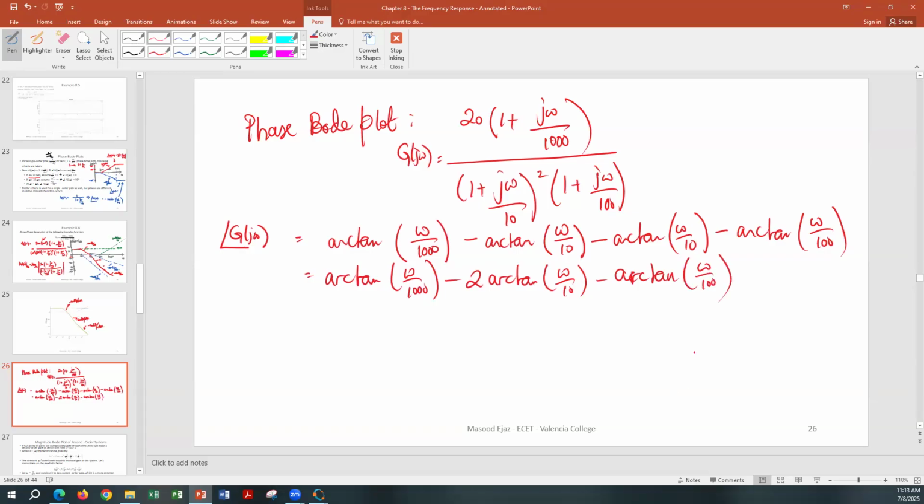And now we're going to do the phase Bode plot for this. Let's go ahead and insert another slide.